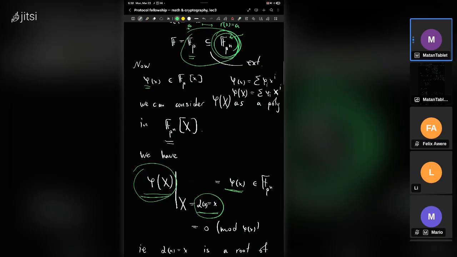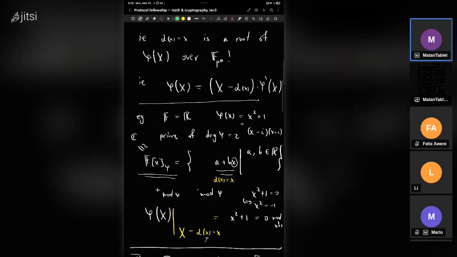So now the polynomial phi that was prime and did not have any root, over the extended field, has a root. And the analogy is, you take x squared plus 1 over the real numbers. It does not have any root, but once you extend it, and in fact the complex numbers are exactly the construction we did.